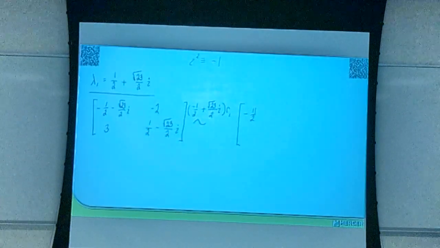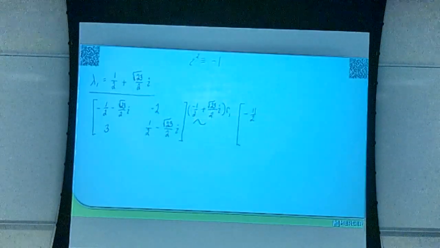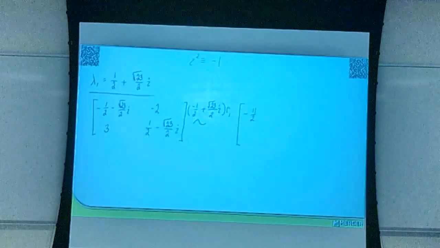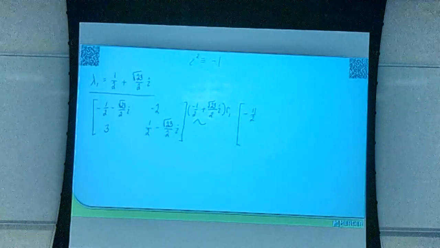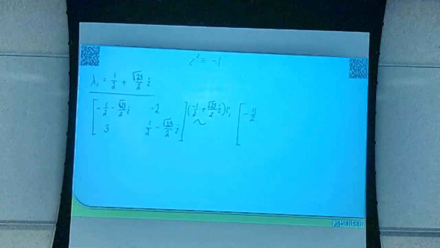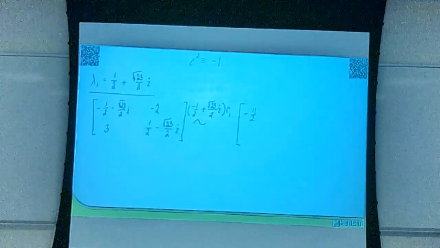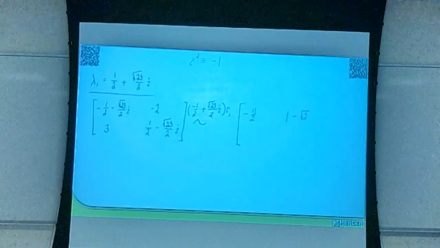Oh, this is gonna get really hideous. I can already see it. I may just go to the calculator. That's why I hate it. Let's see. Then we'll get what? 1 minus root 23i.